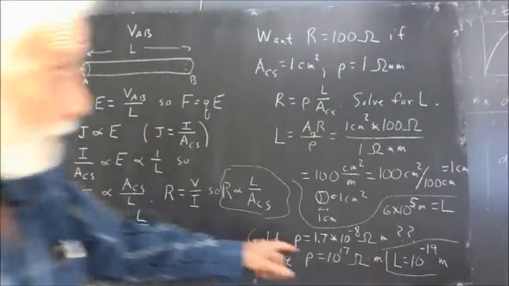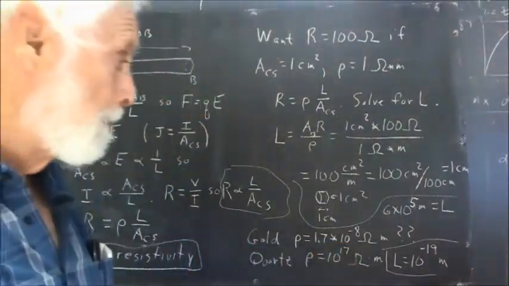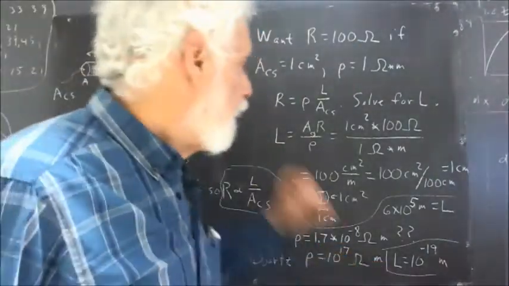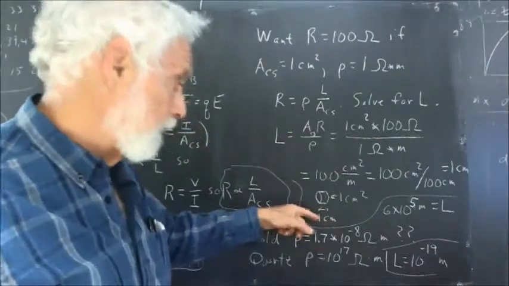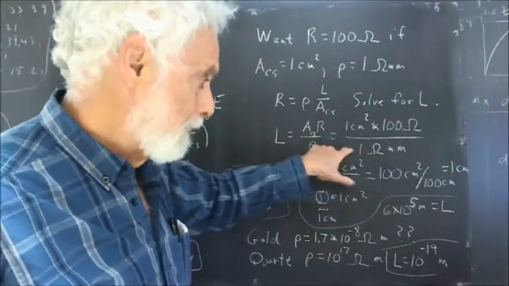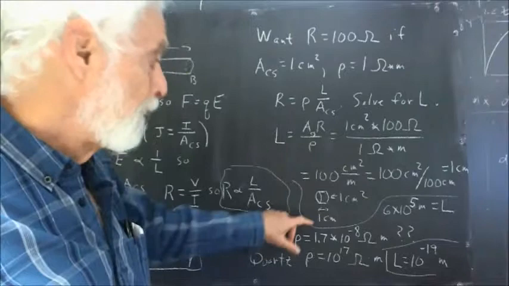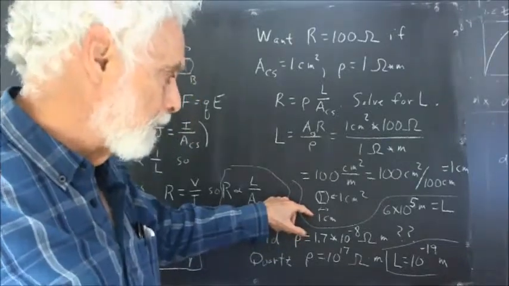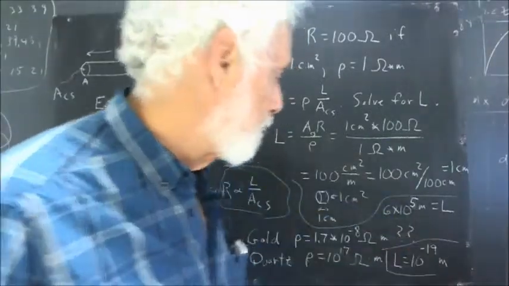On the other hand, the quartz, with its 10 to the 17th ohm meters, is going to give us a length of 10 to the negative 17th, because, of course, that 10 to the 17th will go in the denominator here. 10 to the negative 17th centimeters, which is 10 to the negative 19th meters.